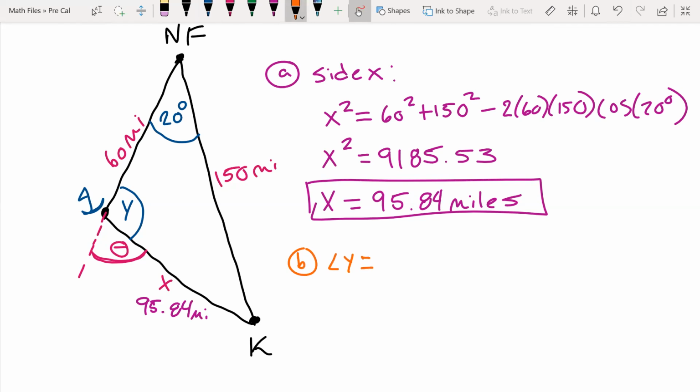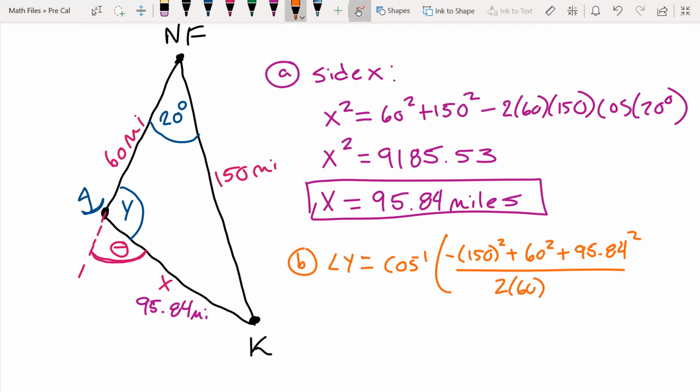All right. Now putting this in terms, you're going to have the inverse cosine of negative 150 squared plus 60 squared plus 95.84 squared over 2 times 60 times 95.84.